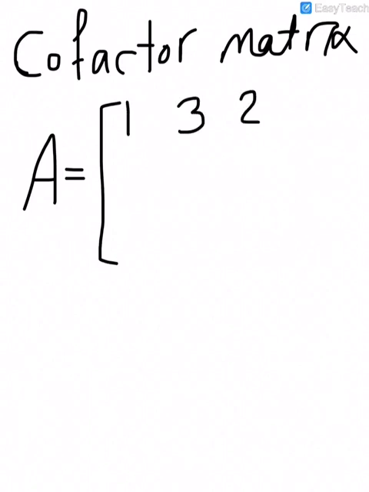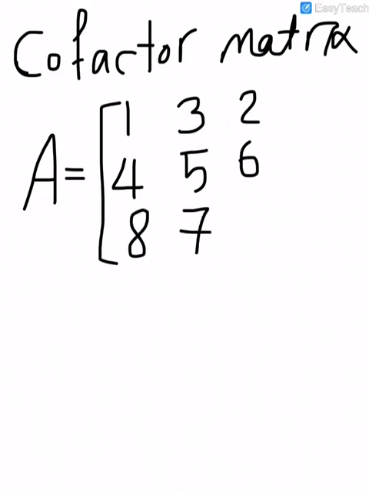I define it by an example. Let's say we have the matrix A, which is a 3 by 3 matrix: 1, 3, 2, 4, 5, 6, 8, 7, and 9. This is a 3 by 3 matrix.